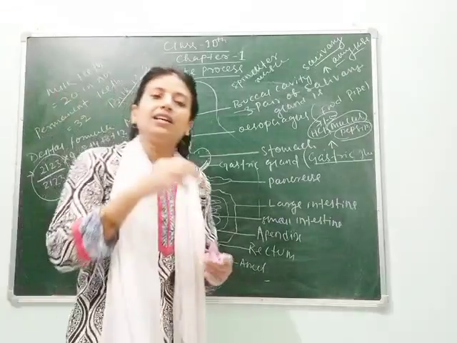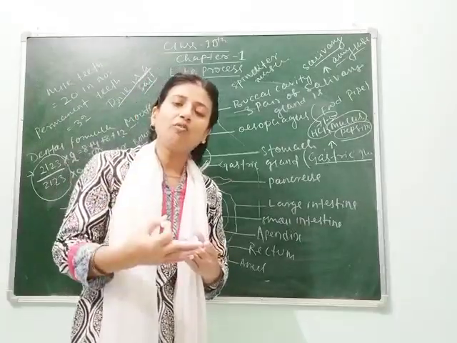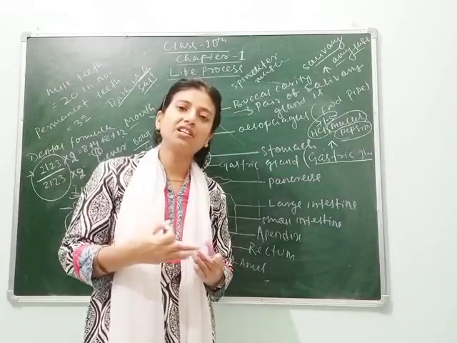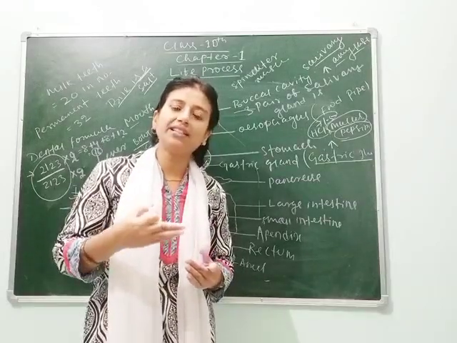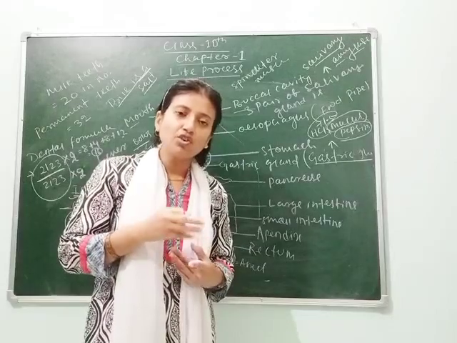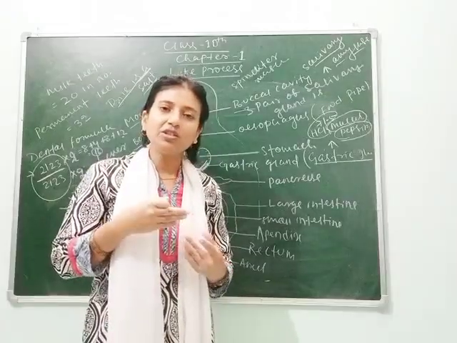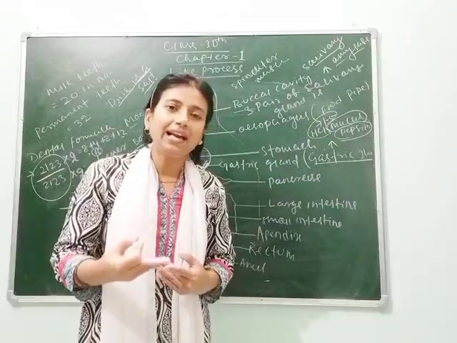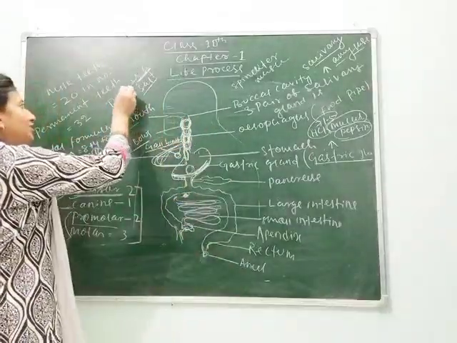converting large fat globules into small fat globules, or we can say the function of bile is to emulsify the fat. It has two functions. It emulsifies the fat as well as makes the food alkaline. Clear students? So bile has two functions.